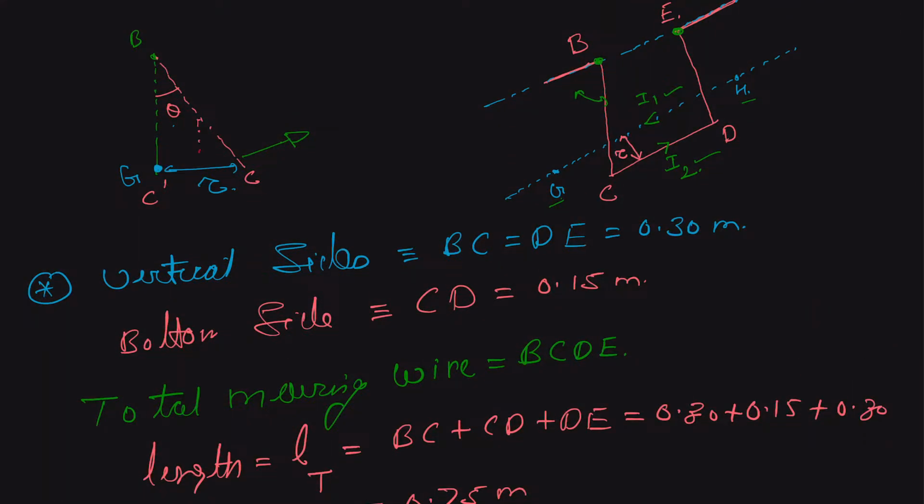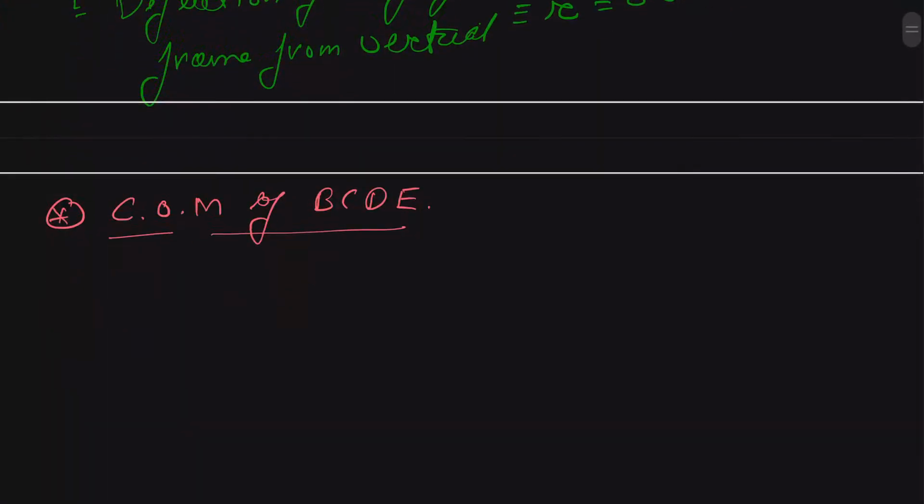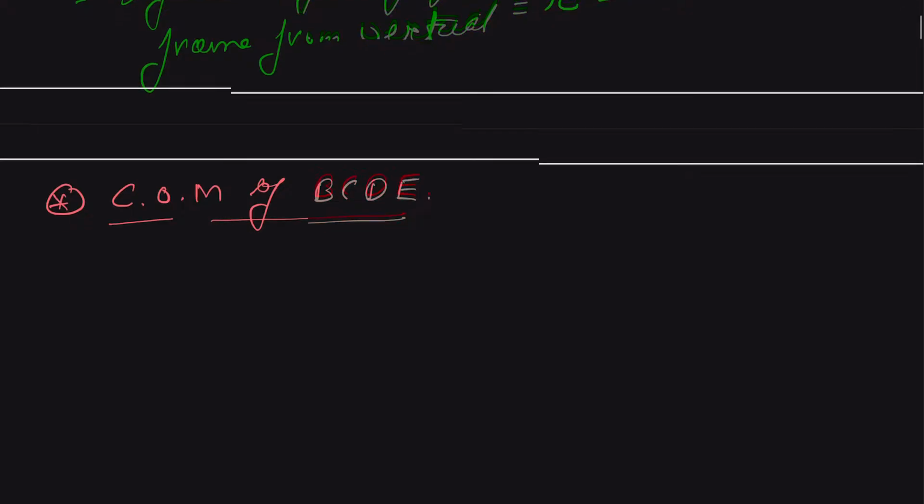So the weight will be vertical downwards, so it is going to produce its own torque. Another one will be the force of repulsion, that is also going to produce a torque about this point B. Okay. So we are having two forces, so obviously there will be two torques. And first of all, we are going to find out the center of mass, and that is going to help us to solve these forces. Okay.